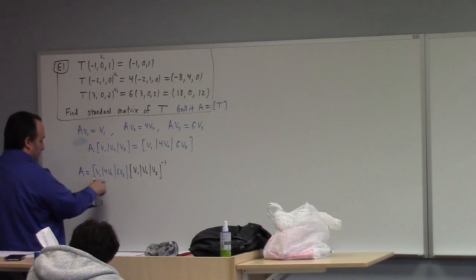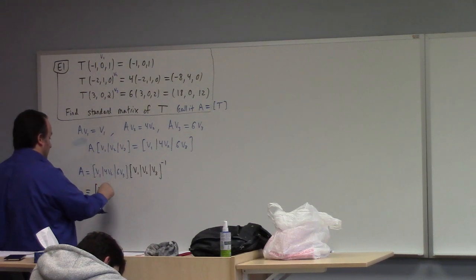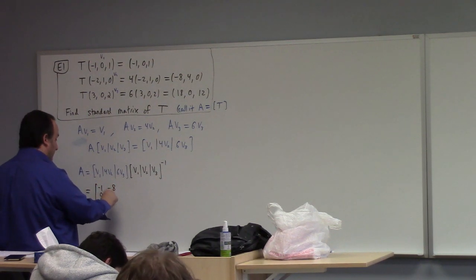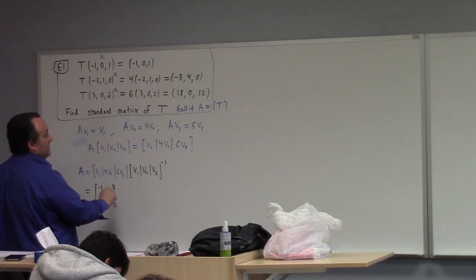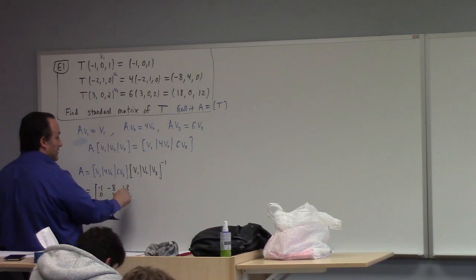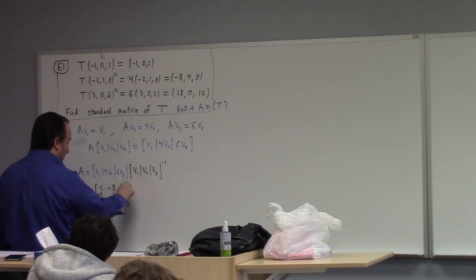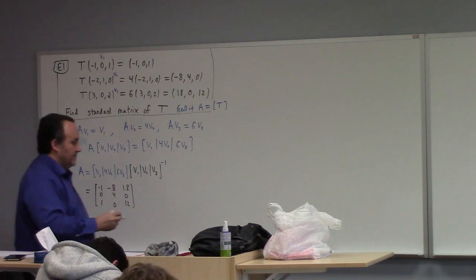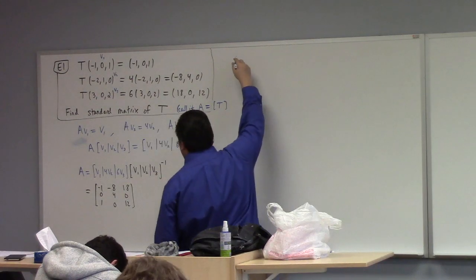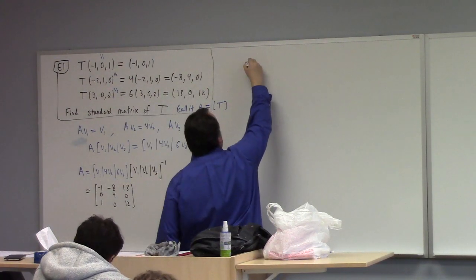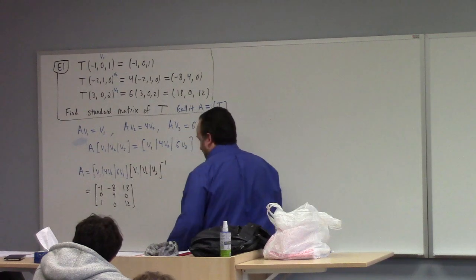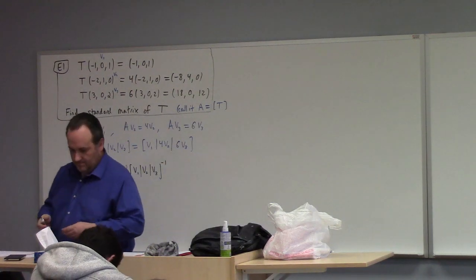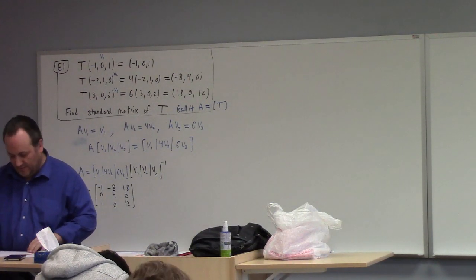V1 was (-1, 0, 1). 4V2 was (-8, 4, 0). 6V3 we said was (18, 0, 12). What's the inverse of the matrix [V1, V2, V3]? How would we calculate that? Do you guys remember?